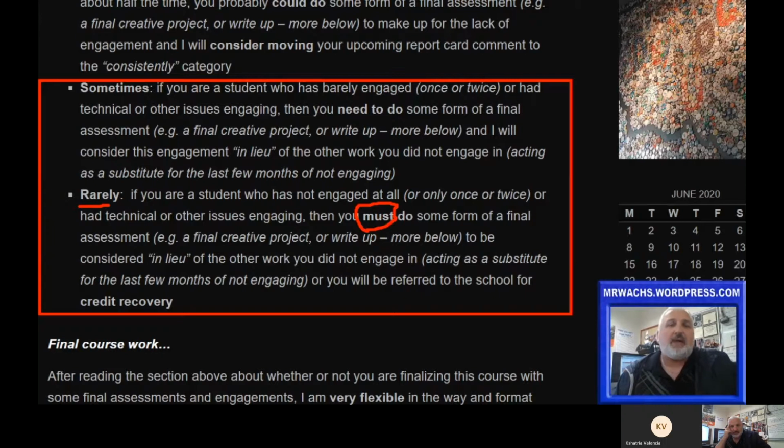I mean, yes, you could go back and do the work you haven't been doing over the last 2 months, but why not instead think about doing a final project, which I will count in lieu, meaning as a substitute, for the last few months of not engaging. So that's an offer, okay? Your mark isn't going to change, but I will move you up from the rarely category to sometimes or even categories above. And the final assessment gives you an option to do that. Same with sometimes, it's the same idea there, move you up.